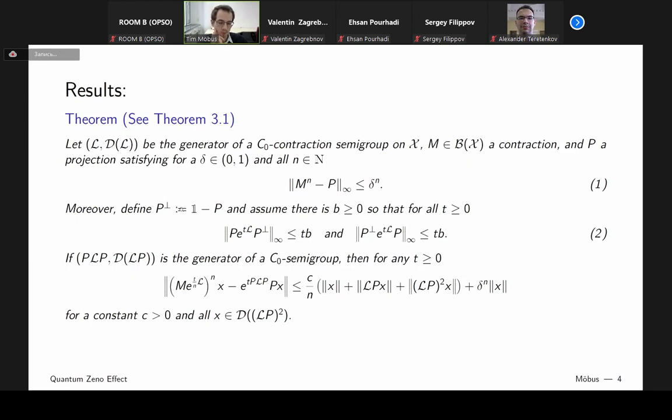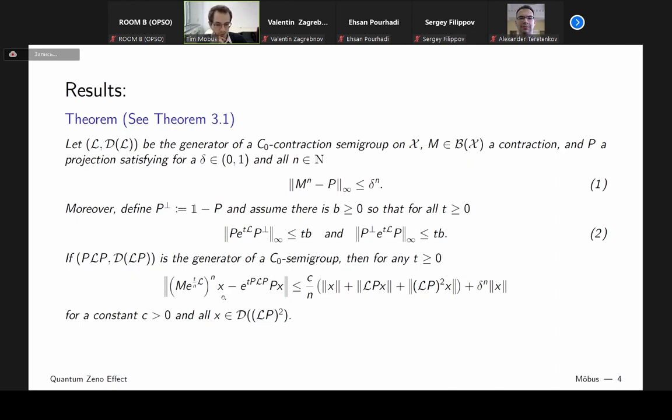Okay, and then we also need an assumption called the asymptotic Zeno condition. And this is defined by those two kind of Lipschitz continuous assumptions, also in the uniform topology. And finally, we need that PLP is well defined more or less as a generator. Otherwise, the Zeno dynamics, which we hope to get, wouldn't be well defined.